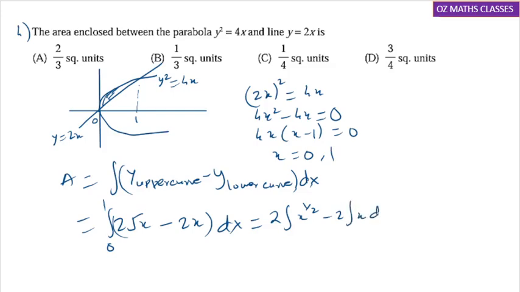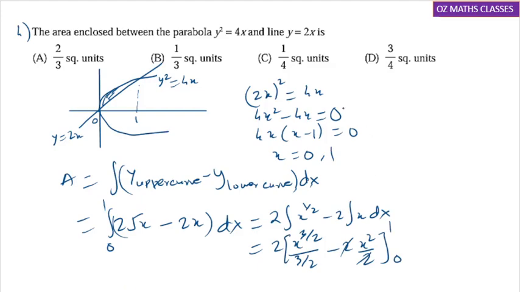Okay, integrate it, use the power rule. So the integration of x raised to 1 by 2 is x power 3 by 2, since half plus 1 is 3 by 2. So 3 by 2, and here x square divided by 2. So the 2 will be cancelled here, and here it will not be cancelled. Now apply the limit 0 to 1.